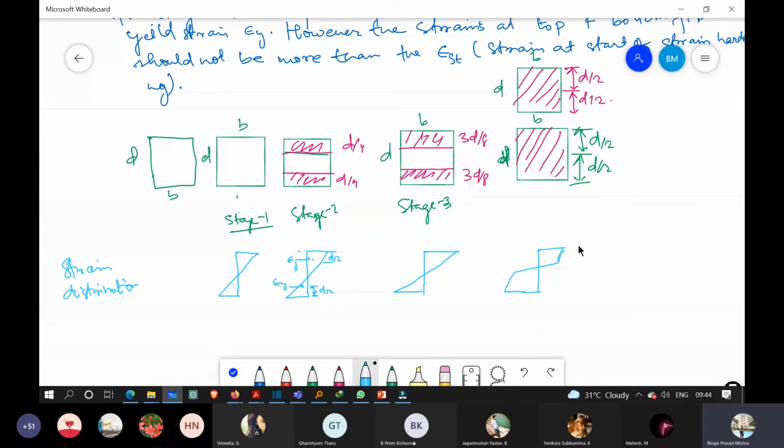Okay, so similarly you can draw for the stress part also. The stress distribution will be similar to this one. Sorry, here I should write stress distribution.